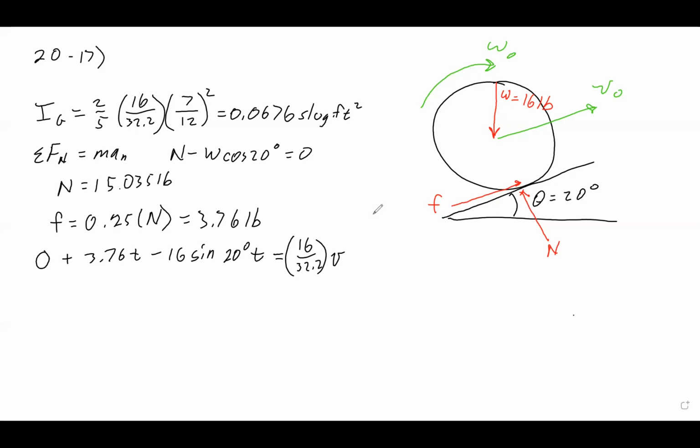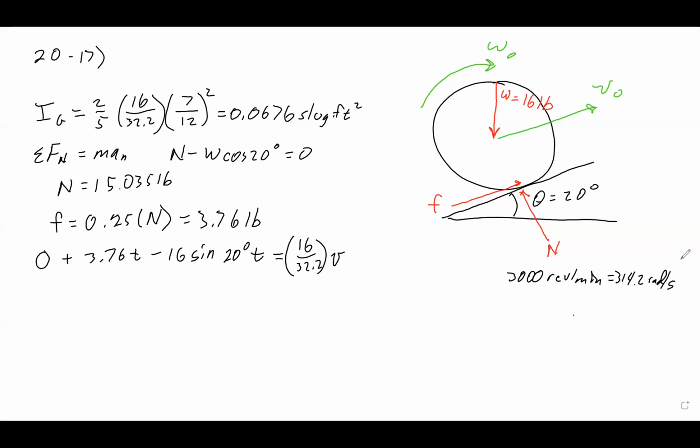Let's do our angular momentum calculation. So now we are going to have to be concerned with the angular velocity of the sphere, which we are given as being 3,000 revolutions per minute, which is also equal to 314.2 radians per second. So we're just doing a conversion.